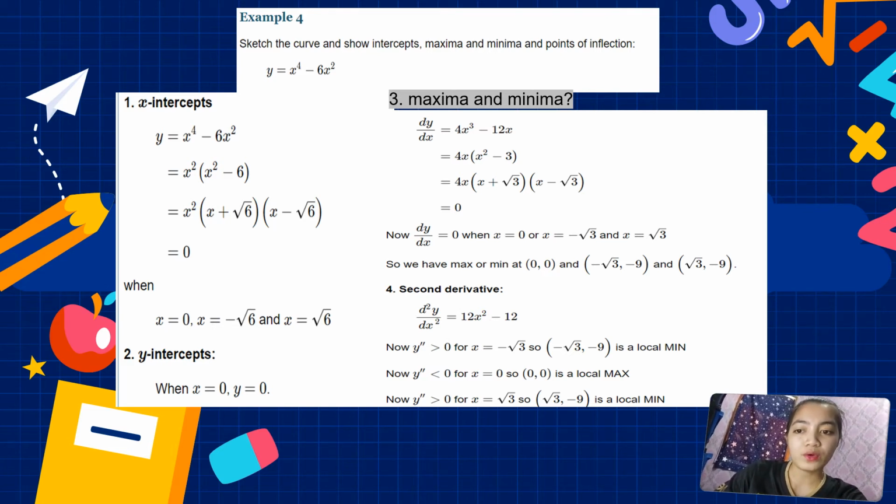So we have max or min at (0, 0), (−√3, −9) and (√3, −9).